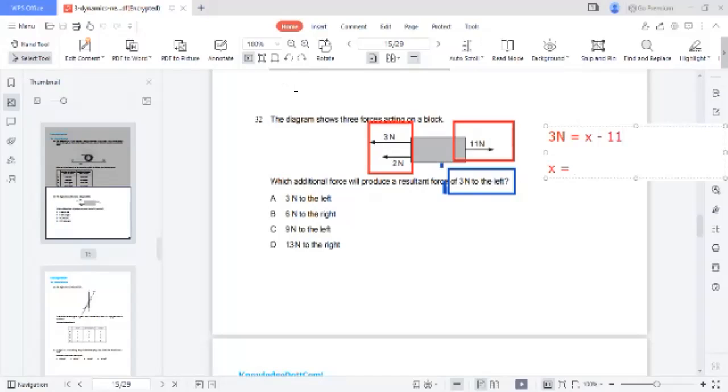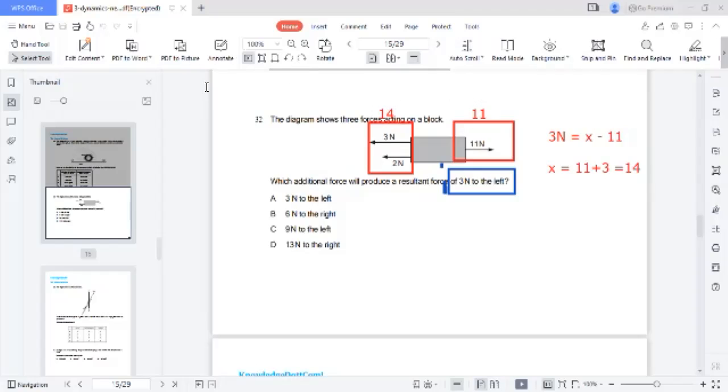Now we can move 11 to the right side, then it would become 11 plus 3, which is equal to 14 newtons. So if there would be a 14 newton force on the left side, and on the right side there is an 11 newton force, then we can say that the resultant force is 3 newton acting on the left side.